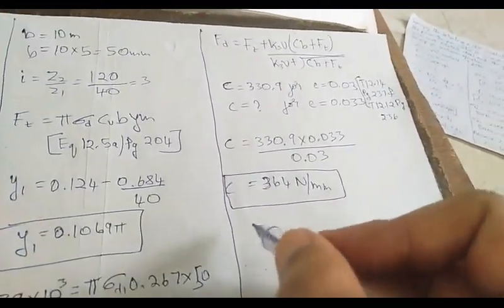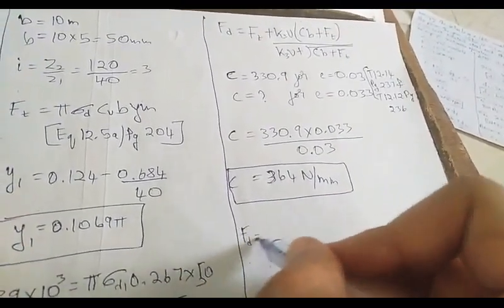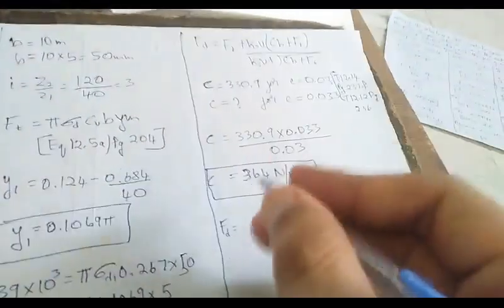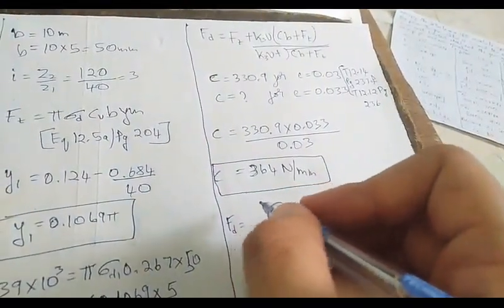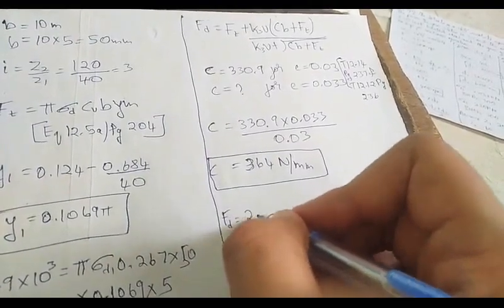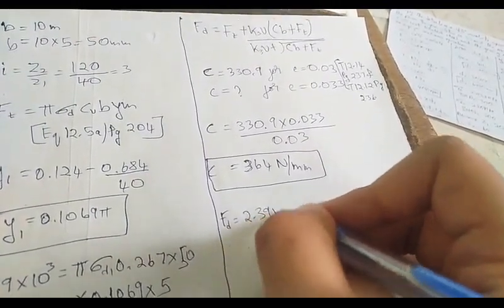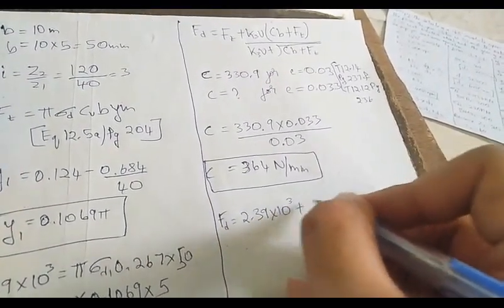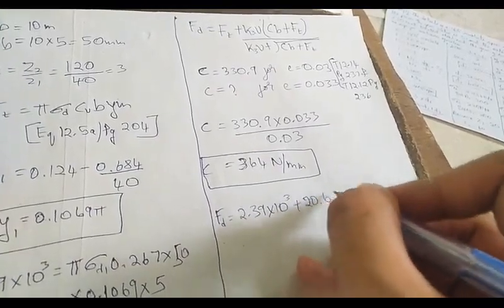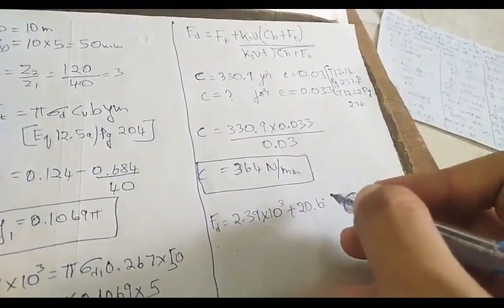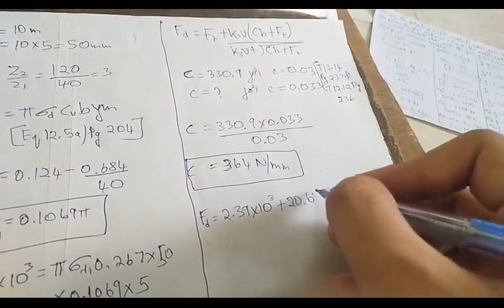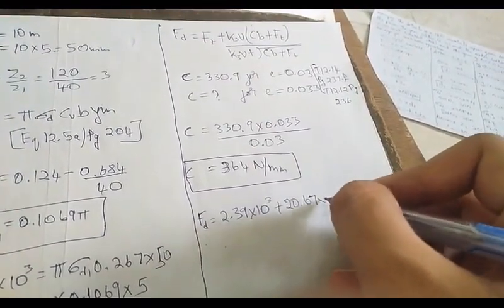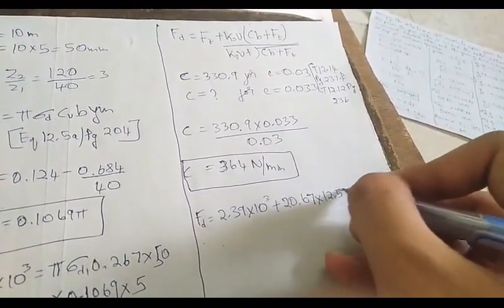Similarly, I will find the value of FD now. FD is 2.39 into 10 power 3 plus K is 20.67 into V is 12.57.